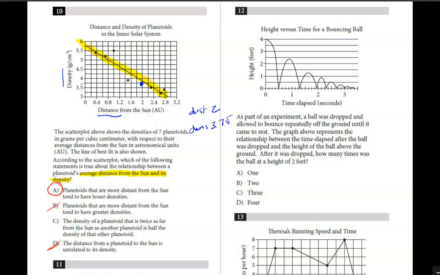Then if we go half that distance, here to 1, that'd be a distance of 1. A distance of 1 is going to be at 4.75. So it does not look like it's half like they said. So C is out. Correct answer is A.